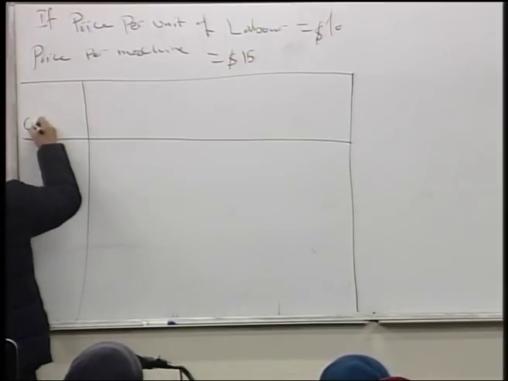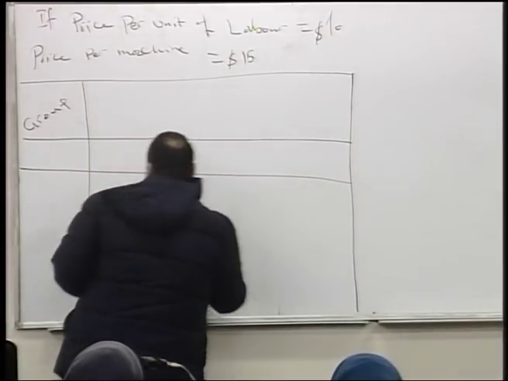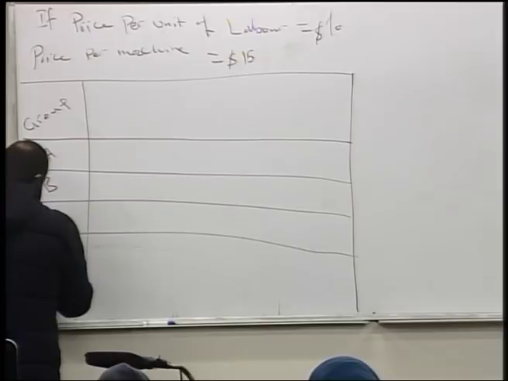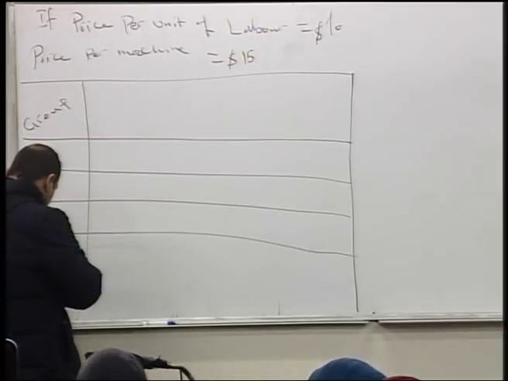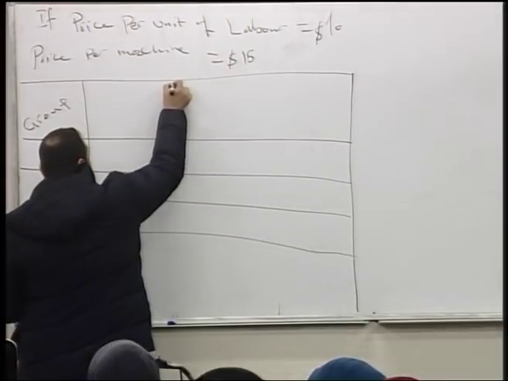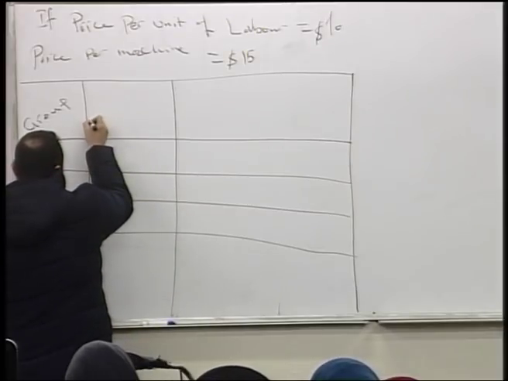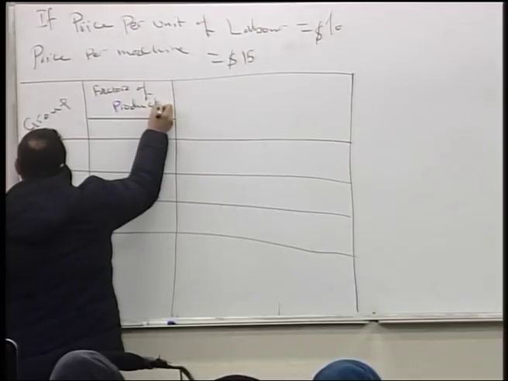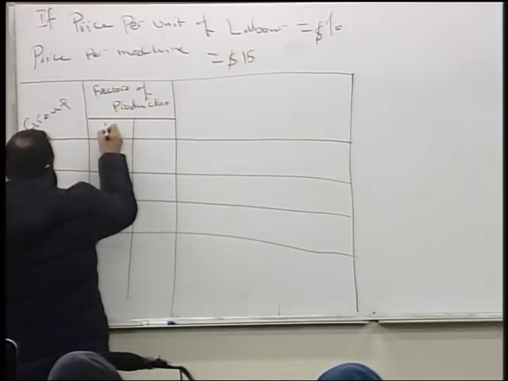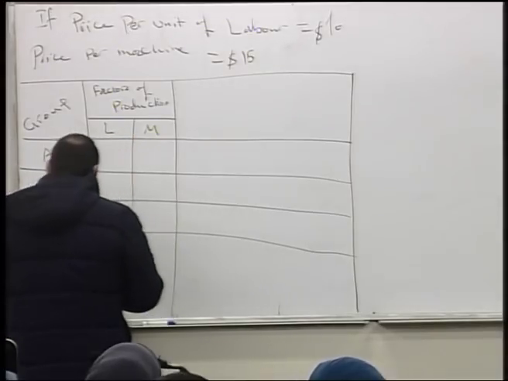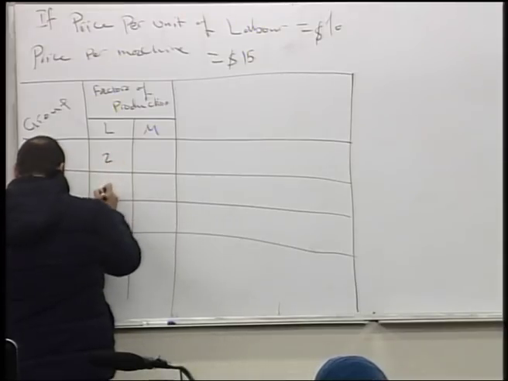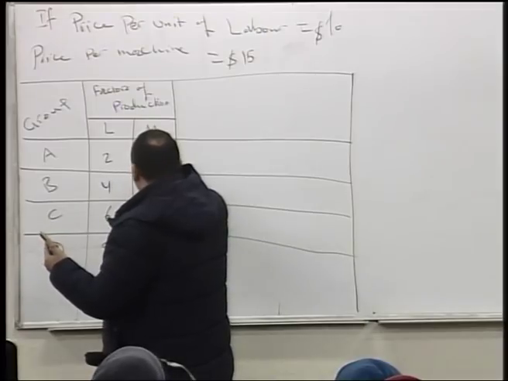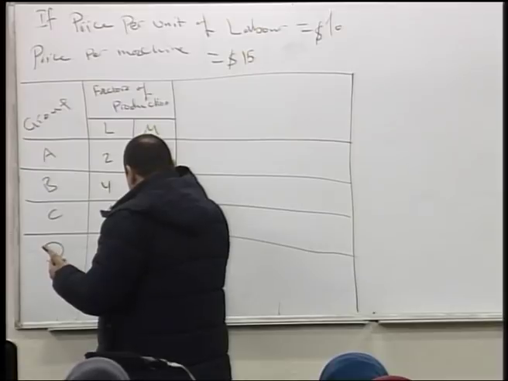Groups A, B, C, D. Factors of production: L is 2, 4, 6, 8, and the machines are 12, 9, 7, 6.